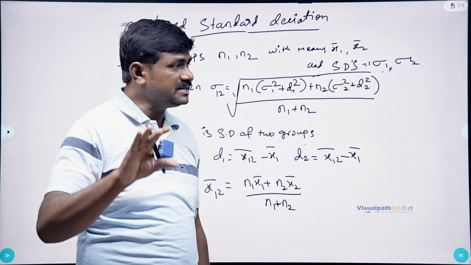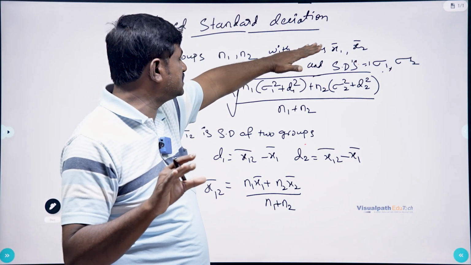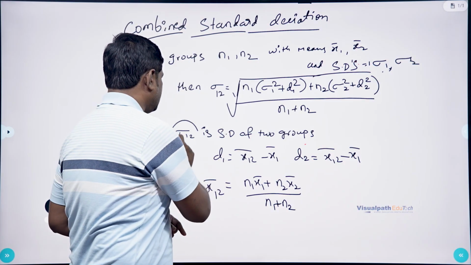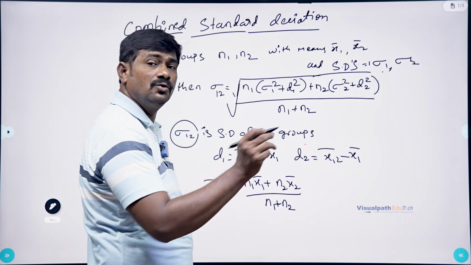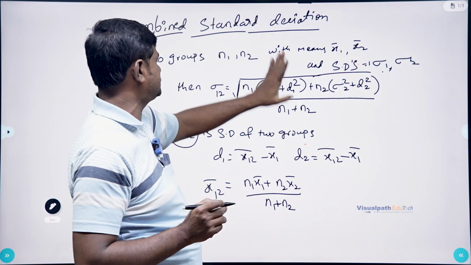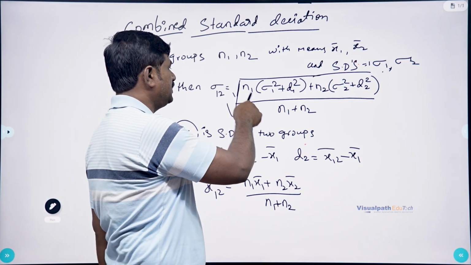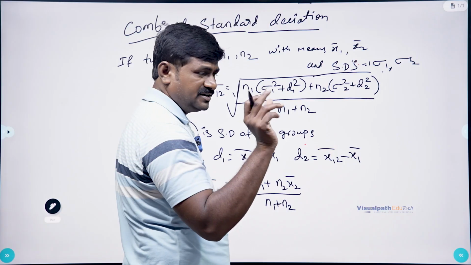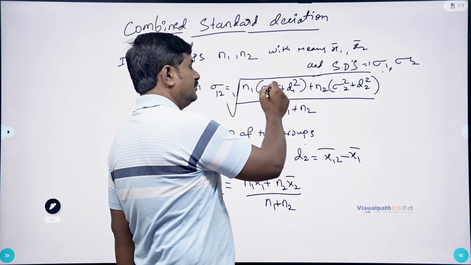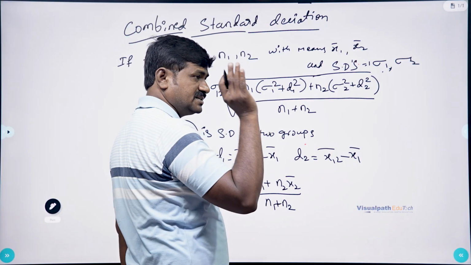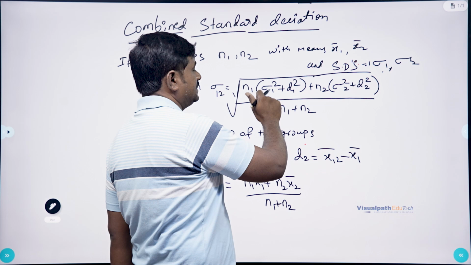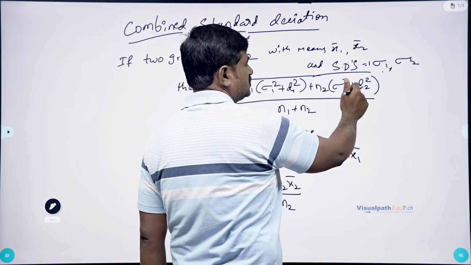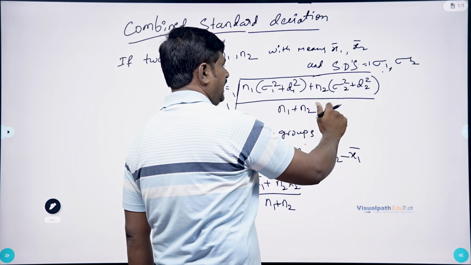For that purpose we can use this formula for sigma 1 2. Sigma 1 2 is the standard deviation of the two groups, called the combined standard deviation. The formula is sigma 1 2 equals the square root of N1 sigma 1 square plus d1 square plus N2 sigma 2 square plus d2 square, divided by N1 plus N2.